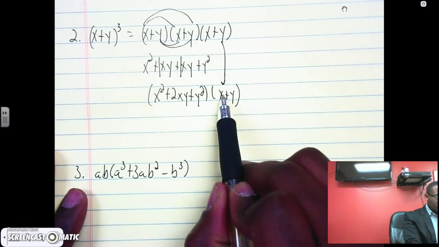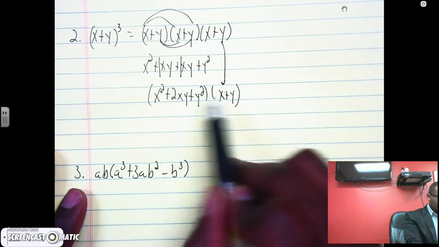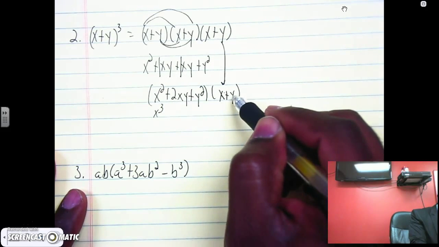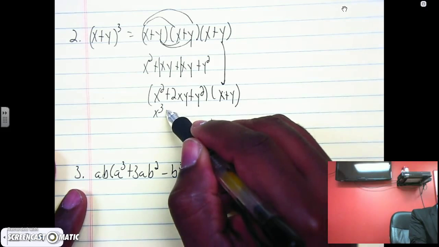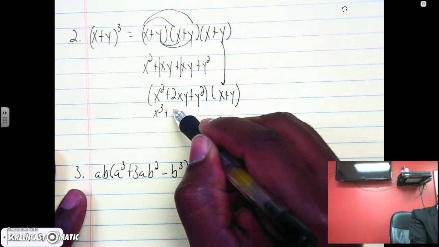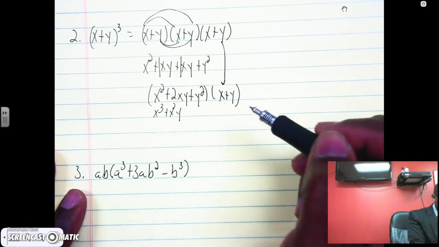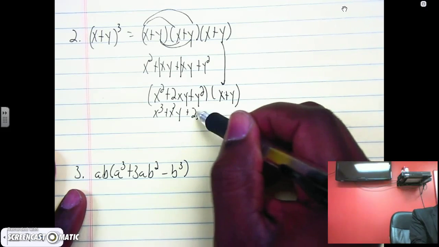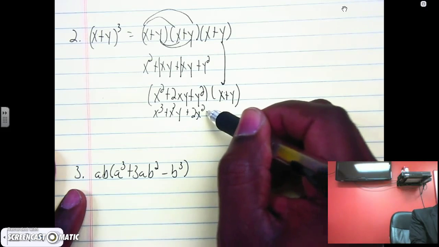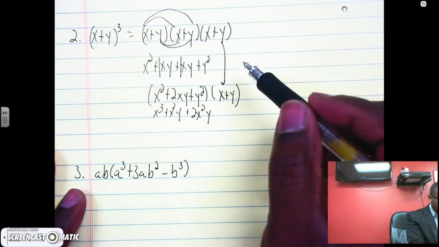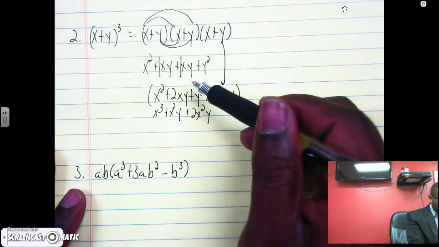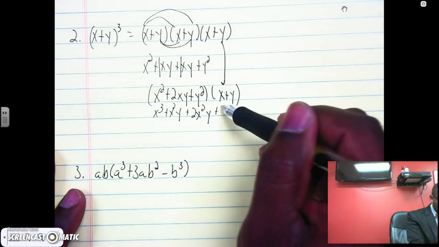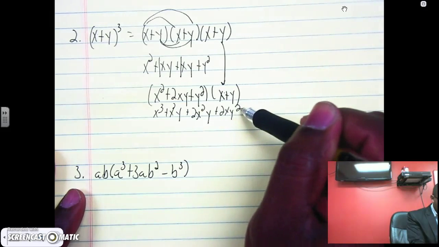X squared times x is x cubed. X squared times y is plus x squared y. 2xy times x is 2x squared y. 2xy times y is 2xy squared.